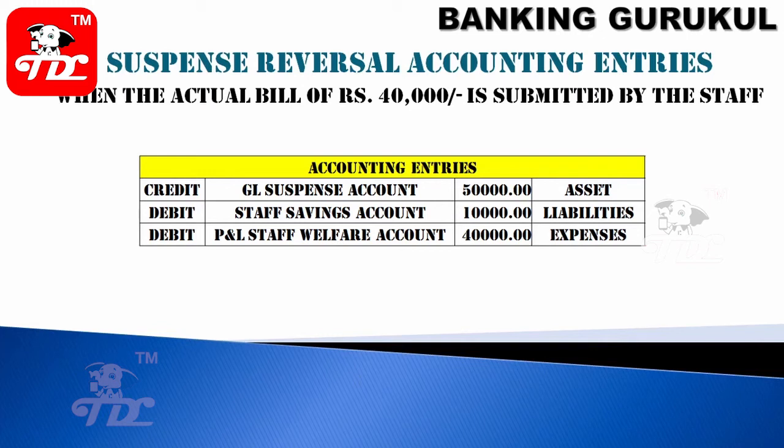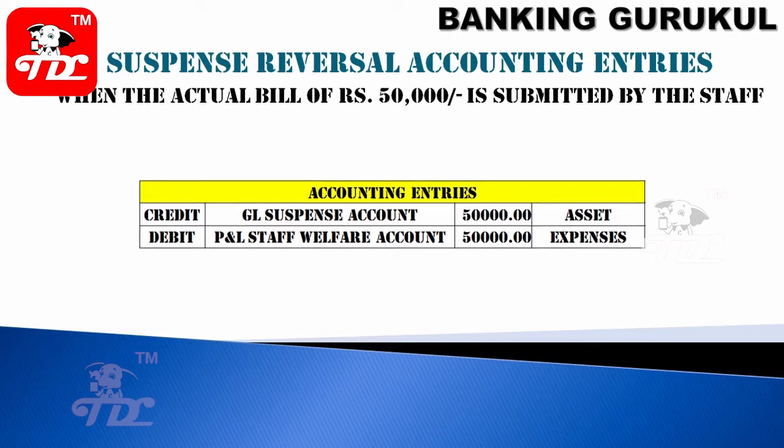When you are posting the entry to the suspense account, always enter the employee name, employee ID, remarks and code. If you receive exactly 50,000, you directly debit the expenses and credit the suspense account with 50,000, and as already discussed, enter the employee code, employee name, standard code and remarks.